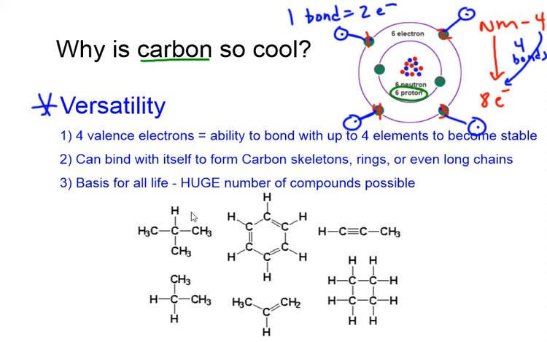The fact that it can bind with itself leads to some pretty cool structures where we have single bonds, double bonds, triple bonds, chains, and rings, a whole lot of possibility when it comes to life itself. The basis of all life, having those carbon anchors to make more complicated things possible.